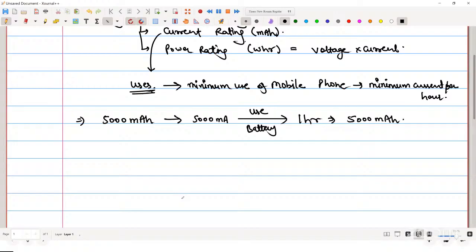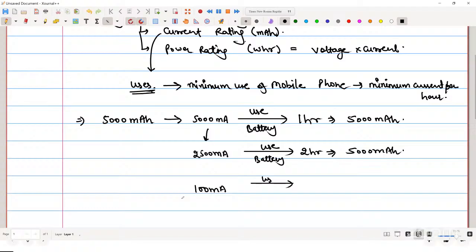If I reduce my consumption, for example if I use 2500 milliampere from the battery, I can use that battery for 2 hours. So the overall multiplication is 5000 mAh. Similarly, if I use 100 milliampere current from the battery, I can use it up to 50 hours.